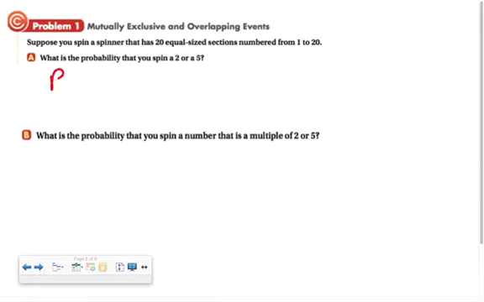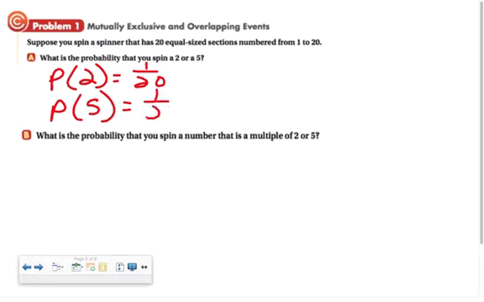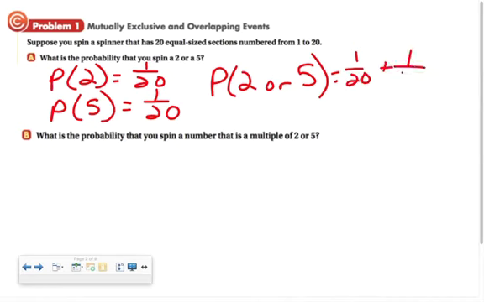So the probability of spinning a 2 is 1 over 20, and the probability of spinning a 5 is also 1 out of 20, and so the probability of 2 or 5 is 1 over 20 plus 1 over 20, which is 2 over 20, which reduces to 1/10.